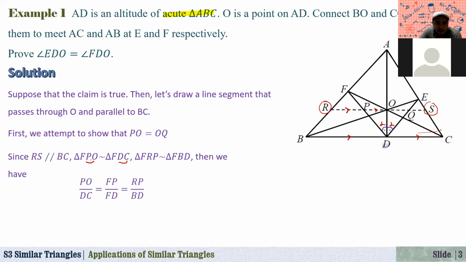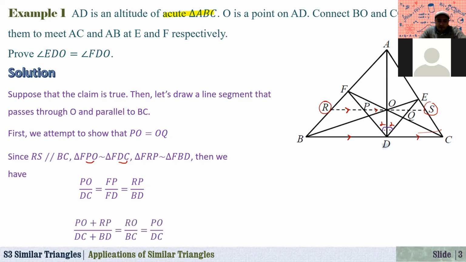FP over FD equals RP over BD, because the ratios are the same from here. FP over FD is equal to RP over BD.